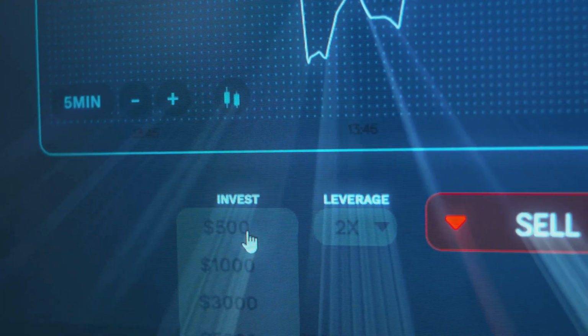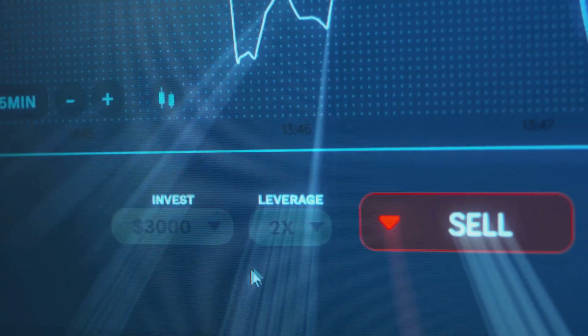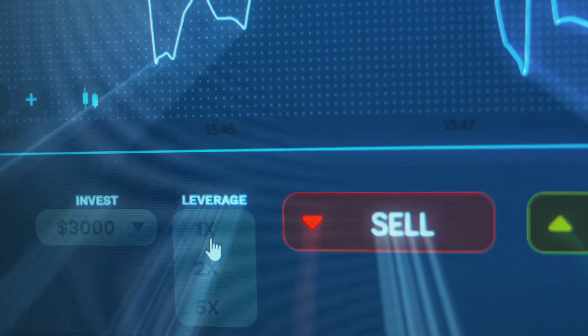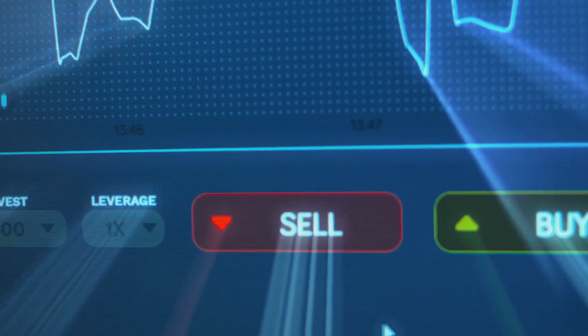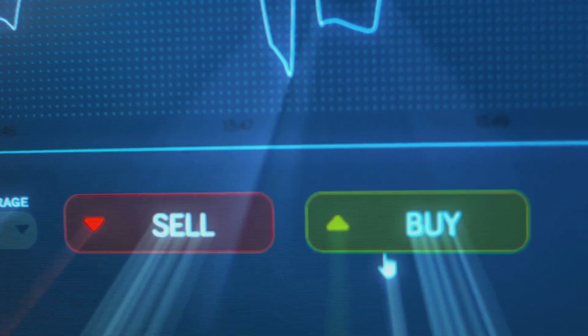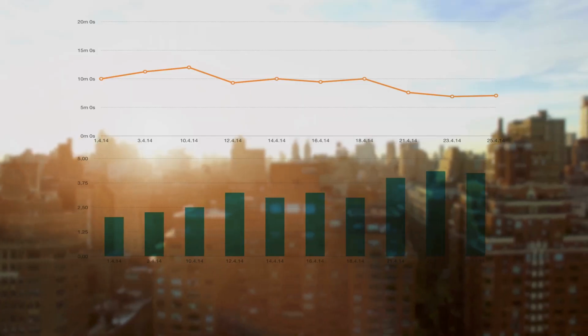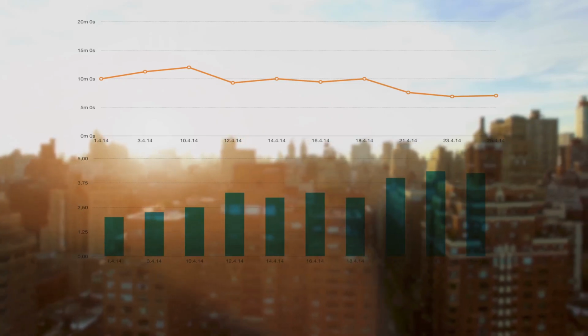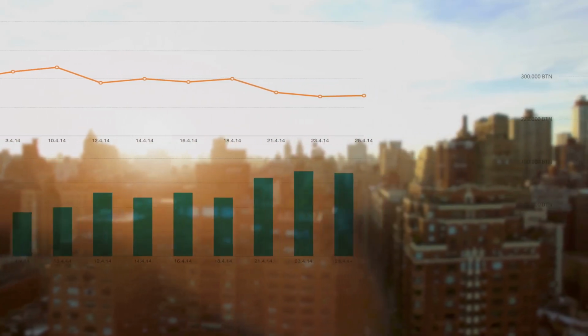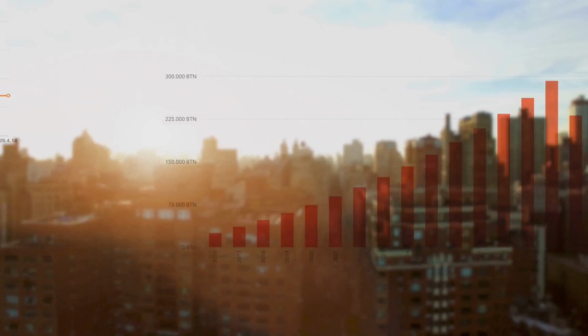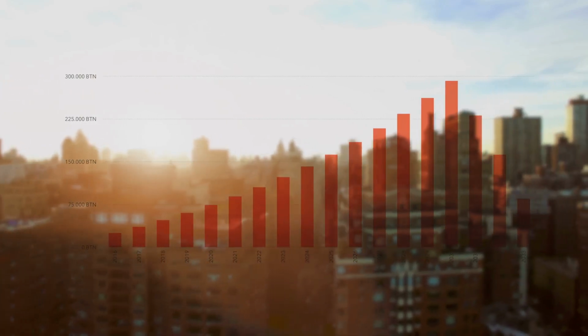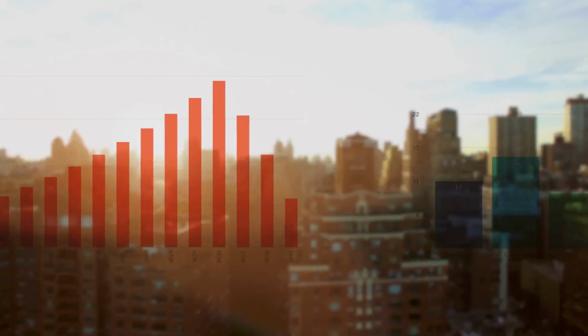A high payout ratio might seem great but could indicate the company lacks funds for growth or to weather downturns. If a company is paying out most of its earnings, it may not have enough left to invest in new projects or to save for tough times. Ideally, look for companies with a payout ratio below 60%, especially in growth industries. These companies are likely reinvesting a significant portion of their earnings back into the business to fuel future growth.